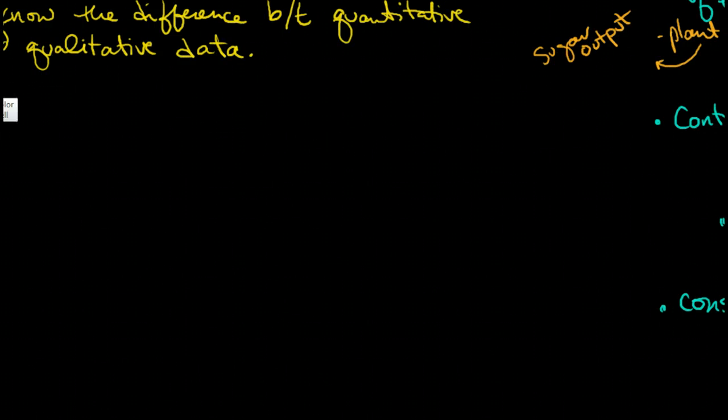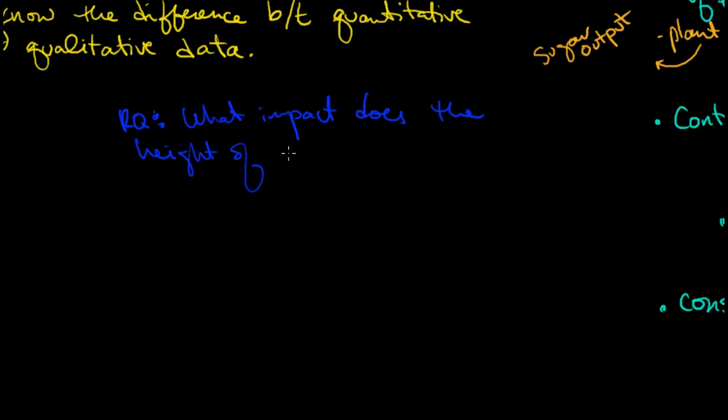So let's see. I was just thinking about this actually earlier today. My research question is something along the lines of what impact does the height of a maple tree have on seed dispersal?